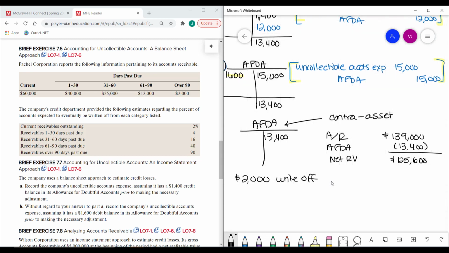Well, if you have to write off a $2,000 accounts receivable, I'm not going to record that expense again, okay? Instead, we're going to use that allowance for doubtful accounts. When that happens, then you would debit the allowance for doubtful accounts, like swiping a gift card, right? You're using some of the balance. I would debit that allowance for doubtful accounts then for that $2,000 receivable that's finally being written off, and I'd credit the accounts receivable that's being written off.